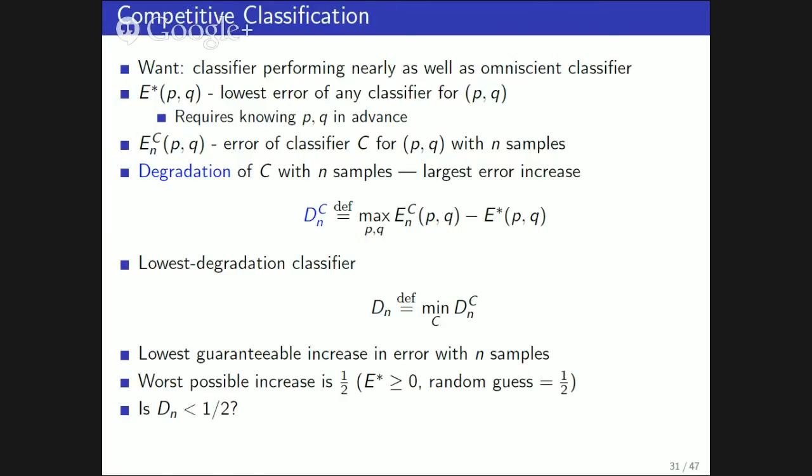Is there a classifier such that with 1,000,000 samples, you're guaranteed that your error is less than 0.49 away from optimal, for any pair of distributions? Can you find something like that? Okay. So the first thing to show is no. This is impossible. That Dn is half. You cannot come up with any classifier, even with n like 1,000,000,000.